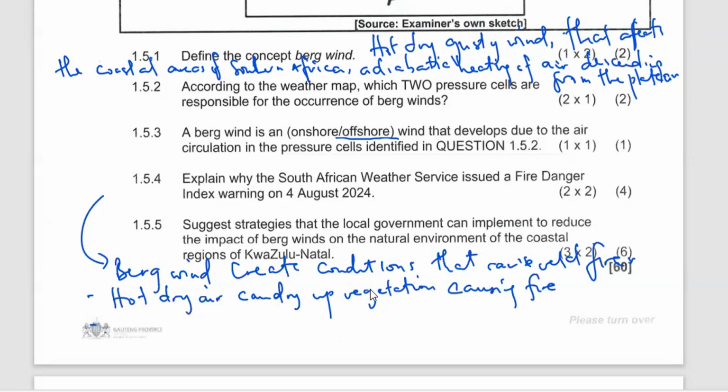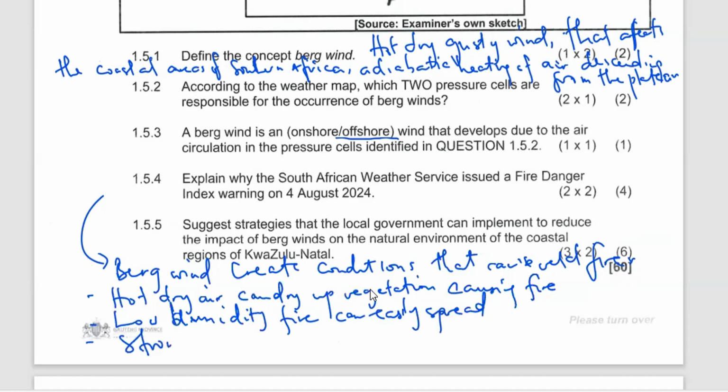And also, what are the other factors? We are saying there will be low humidity. The air will be dry, low humidity. And if there's low humidity, it makes it easy for fire to spread. And also, there will be strong winds.